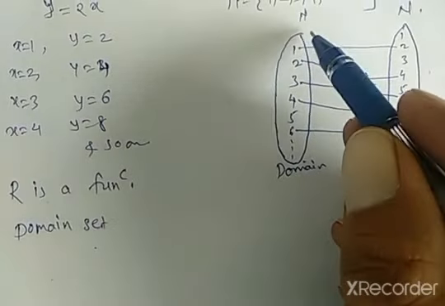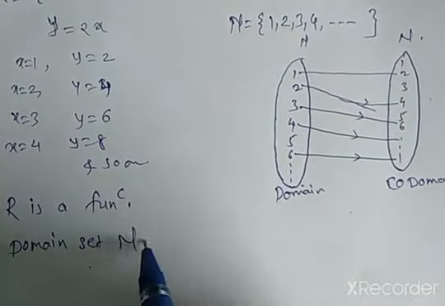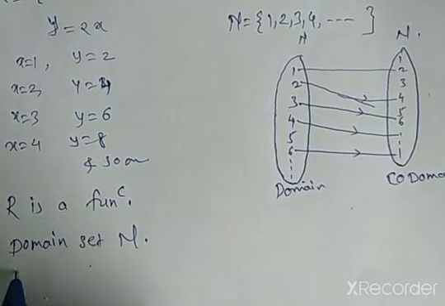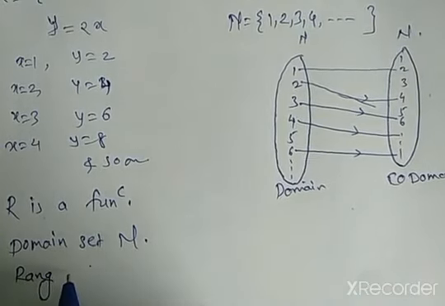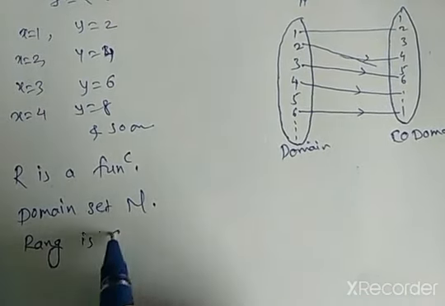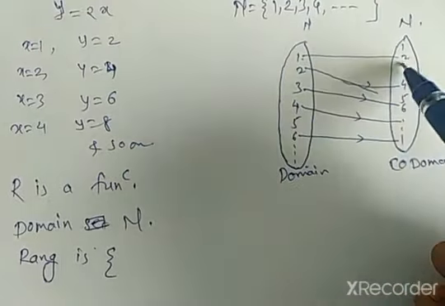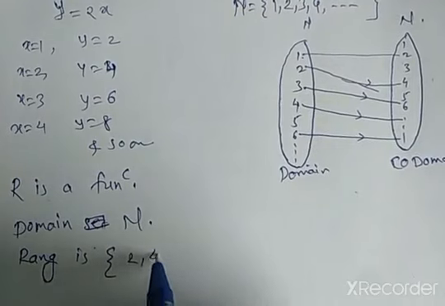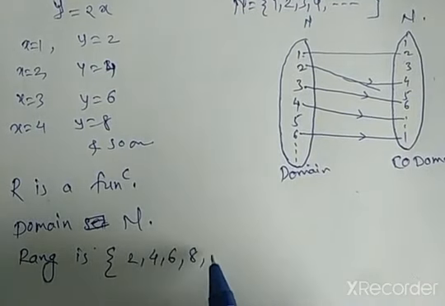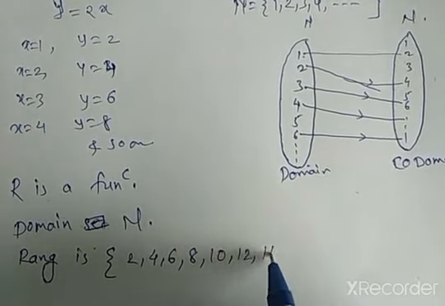The domain set is the set of natural numbers, so the domain will be N. Now the range: 1 has image 2, 2 has image 4, then 6, 8, 10, 12, 14 and so on.